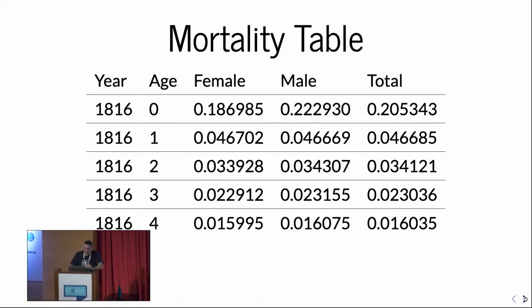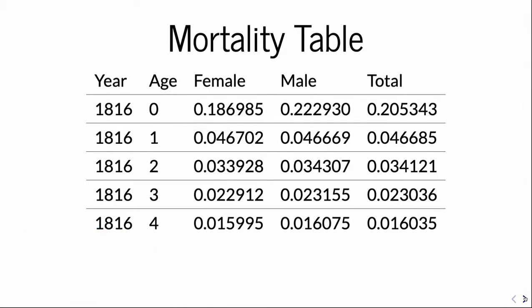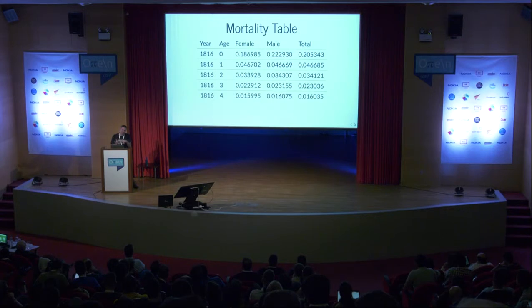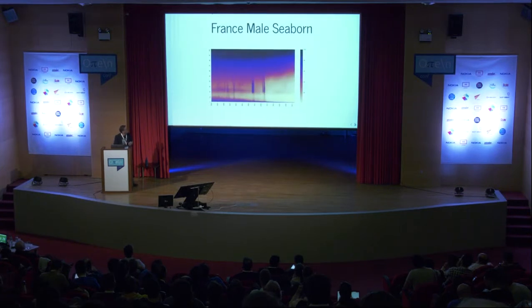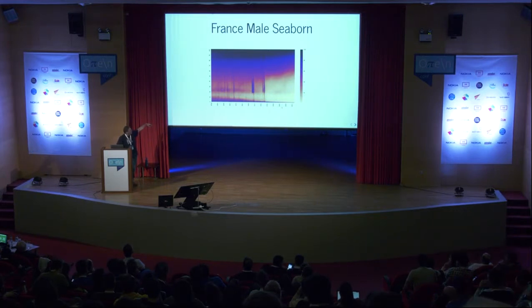So we can take this and manipulate it a bit with a library called pandas. We take the data, create a pivot, group a bit, and then we can create a heat map. So we can create a plot like this one, which shows the situation for France from 1816 to today.